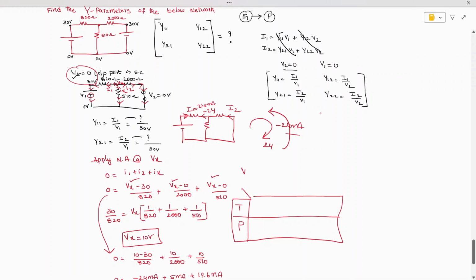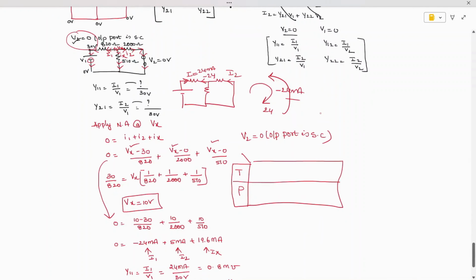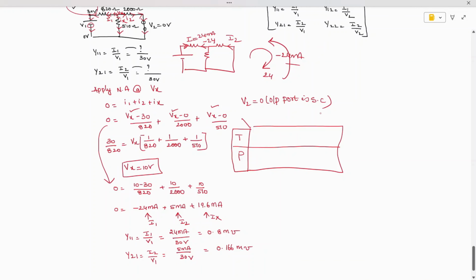So we have to write down V2 is 0 means output port is short circuited. Then when V2 is 0, what are the values we have to find out? So V1 we have to write down the corresponding value, as well as the value of I1 and the value of I2.